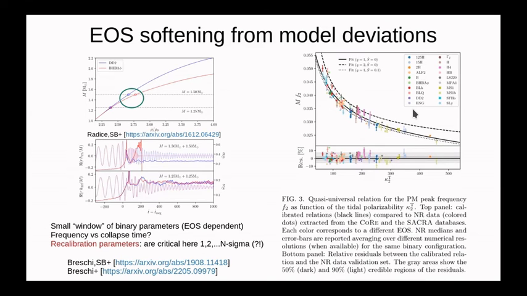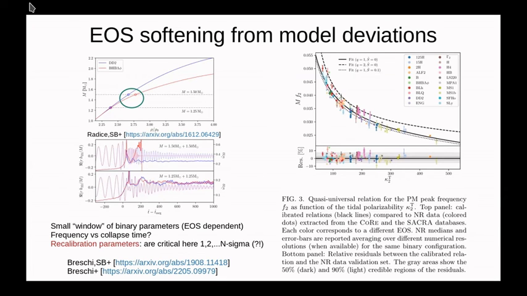And one may wonder whether a post-merger signal can help detect equation of state effects due to hyperons or quarks. The idea is that these effects appear at sufficiently high density, and the inspiral signal will not be affected by the presence of these particles. But the remnant then might be more compact, oscillate at a higher frequency, and eventually collapse much earlier.